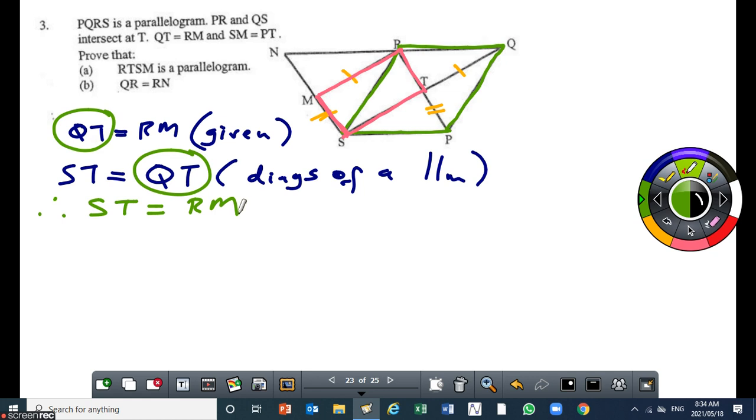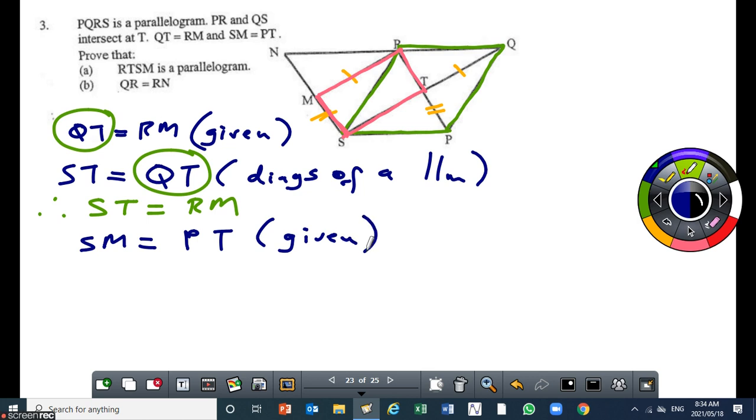The next thing now is to prove that RT is equal to MS. That's the next stage. So I'm going to say SM is equal to PT, and this is given.